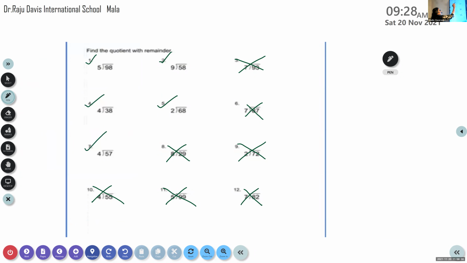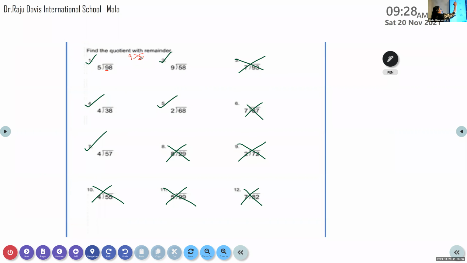First thing, you have to check whether 9 is bigger than 5 or not. 9 is bigger than 5. That means you should not put a 0, a non-zero quotient will come over there. Now the second thing you have to check is whether 9 is there in the table of 5 or not. 9 is not there in the table of 5.